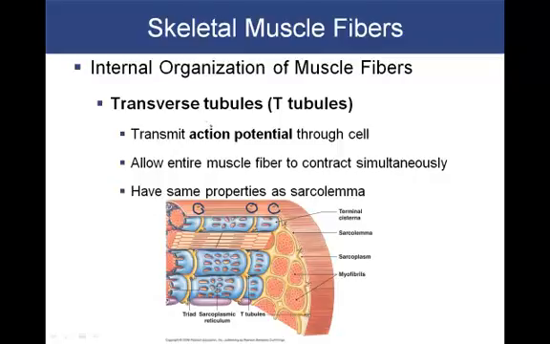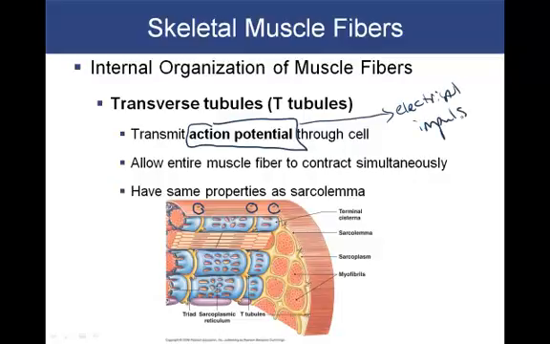And this is a term that you will come to know a great deal about. This is nothing more right now than an electrical impulse. And the T-tubules will transmit the electrical impulse or action potential through the cell.